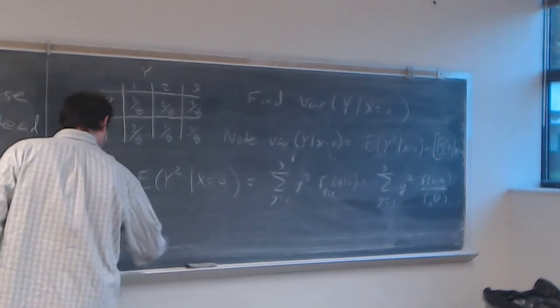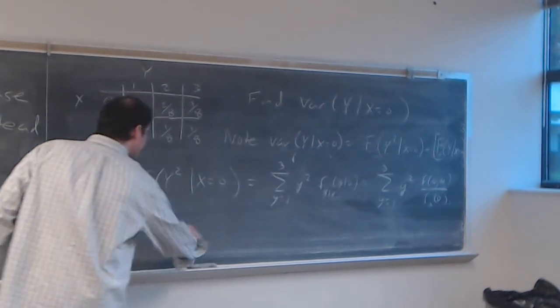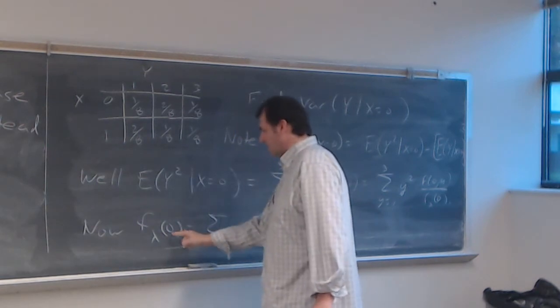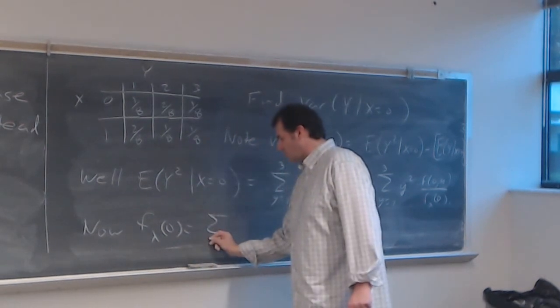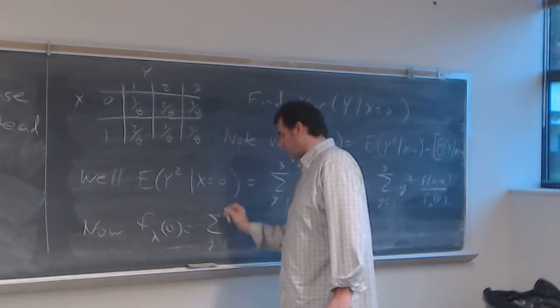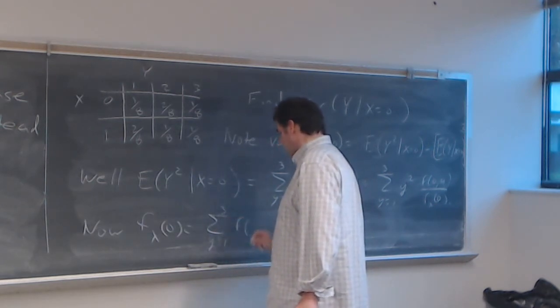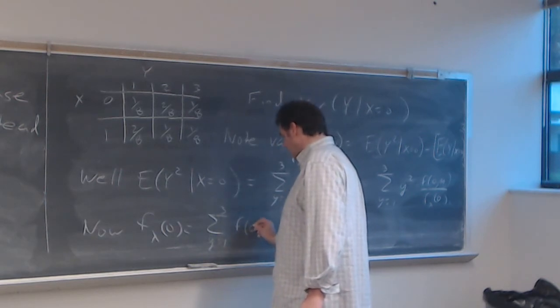Now, f sub x of 0, well, f sub x of x is equal to the sum over all y values, y running from 1 to 3, of the joint PMF. So here that's going to be f of 0, y.